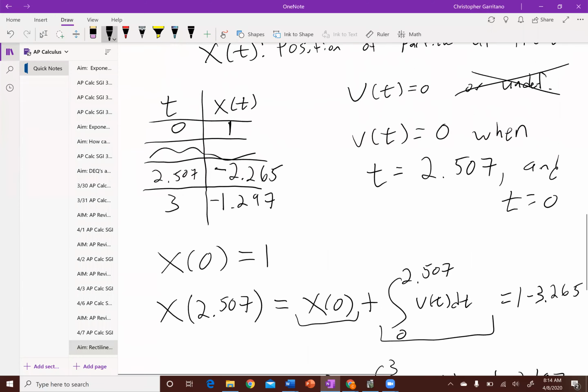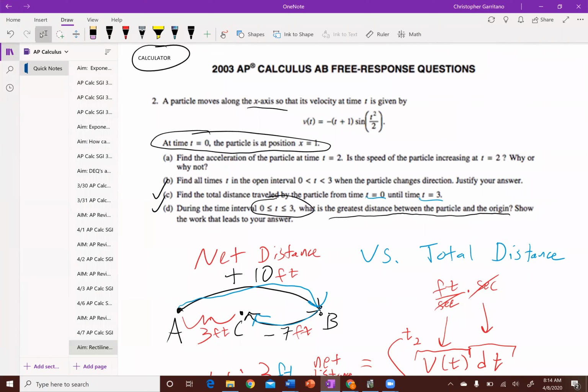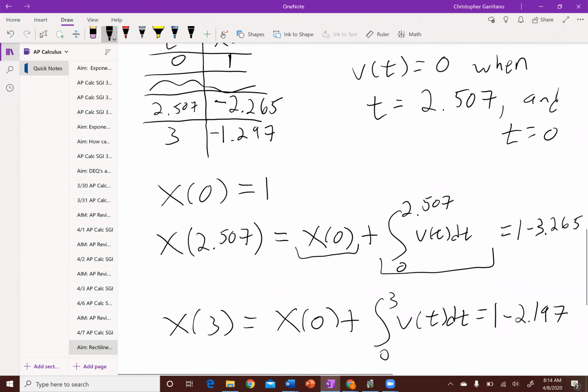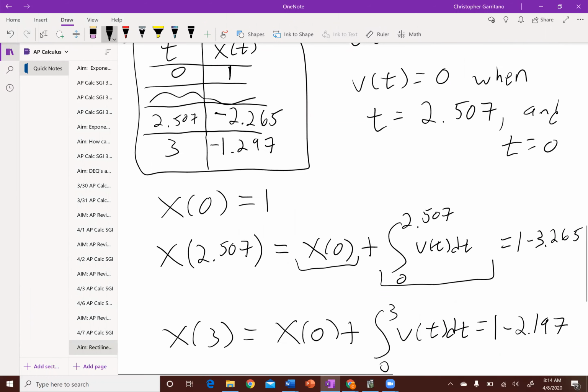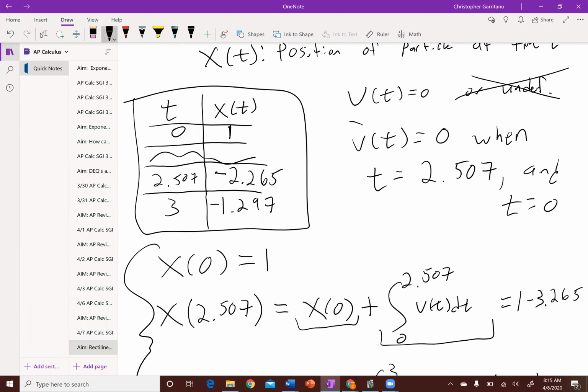All right, so let's finally answer the question. What is the greatest distance between the particle and the origin? Show work that leads to your answer. So all this work that we have here, this table, plus these expressions here, this is the work, and also, setting v of t equal to 0.